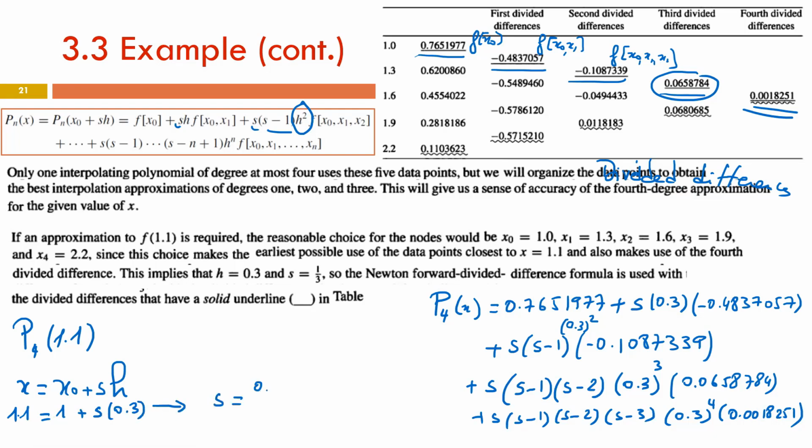It will be 0.1 over 0.3, so 1 over 3. Okay, so this is the value of s, and I replace s here, and this gives me the value of P4 of 1.1. So I use this formula, I calculate s, I calculate h, and I have the first row in this table, the first diagonal gives me the divided differences that we must use.